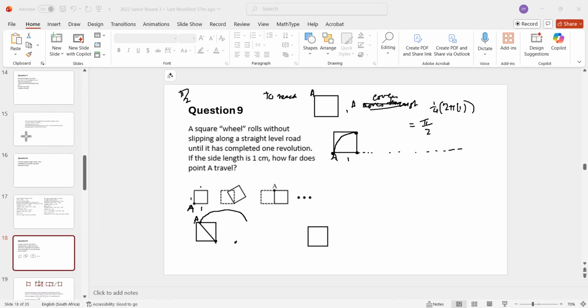Let me see if I can put this thing next door. Yeah, now I've got this thing trapped here. I can move this.